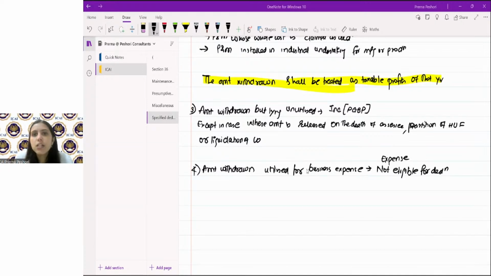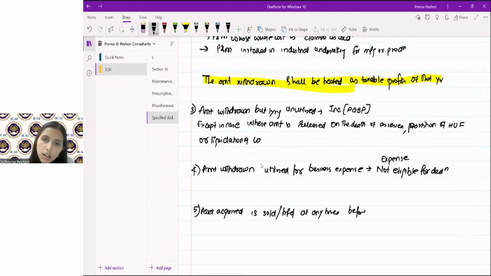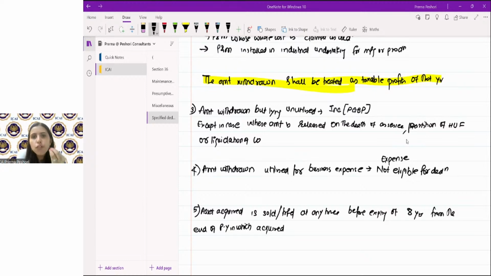Then if the assessee has sold or transferred the asset which is acquired in accordance with the scheme at any time before expiry of 8 years from the end of the previous year in which it was acquired, then the portion of the cost, or the deduction relating to that portion of the cost, shall be deemed to be the PGBP of the previous year in which the asset is sold or transferred.